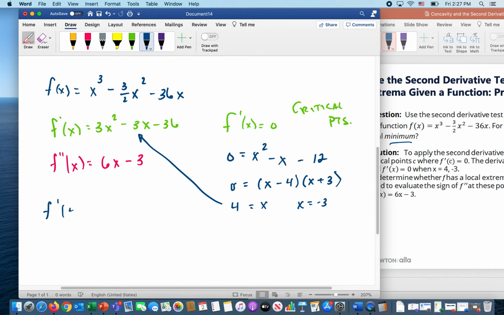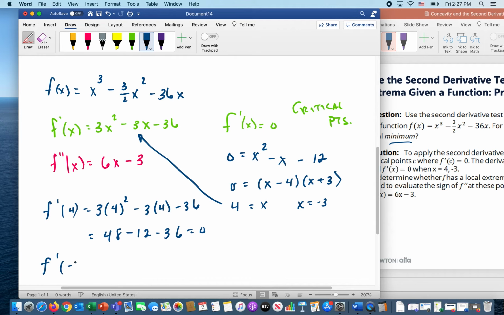So f prime of 4 is going to equal 3 times 4 squared minus 3 times 4 minus 36. So let's see, this is 3 times 16. We know that's 48 minus 12 minus 36. Again, we're going to get 0 here. We don't always get 0.